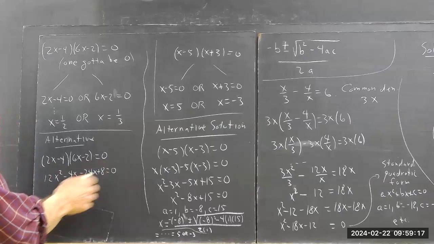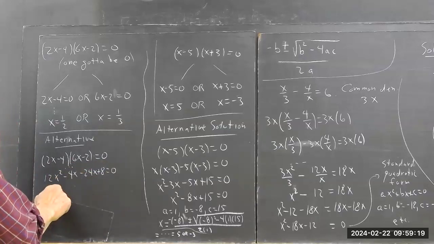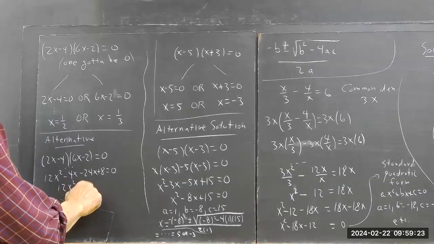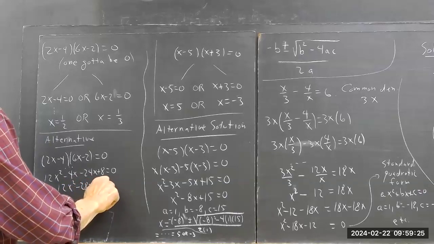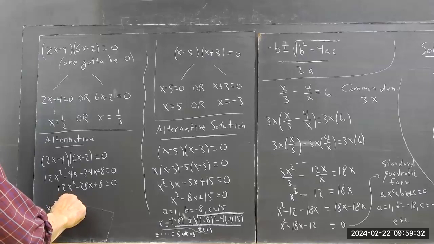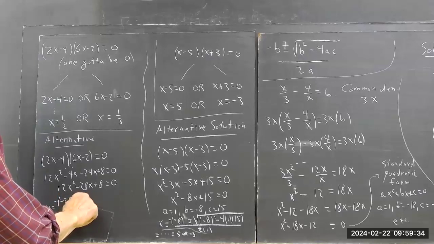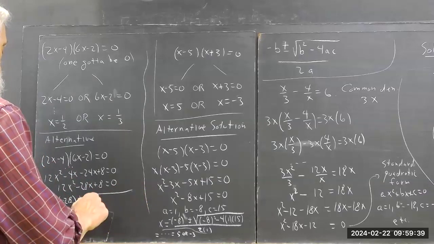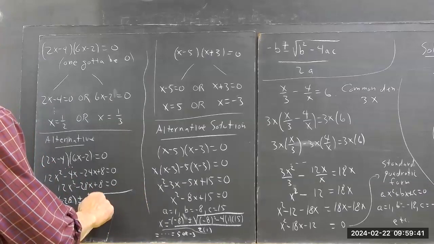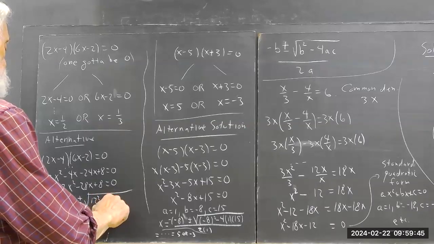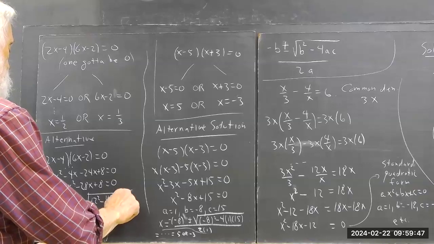Now I'm skipping some steps here. This gives us 12x squared minus 28x plus 8 equals 0. So that x equals negative of negative 28 plus or minus the square root of 12 squared minus 4 times 12 times 8.